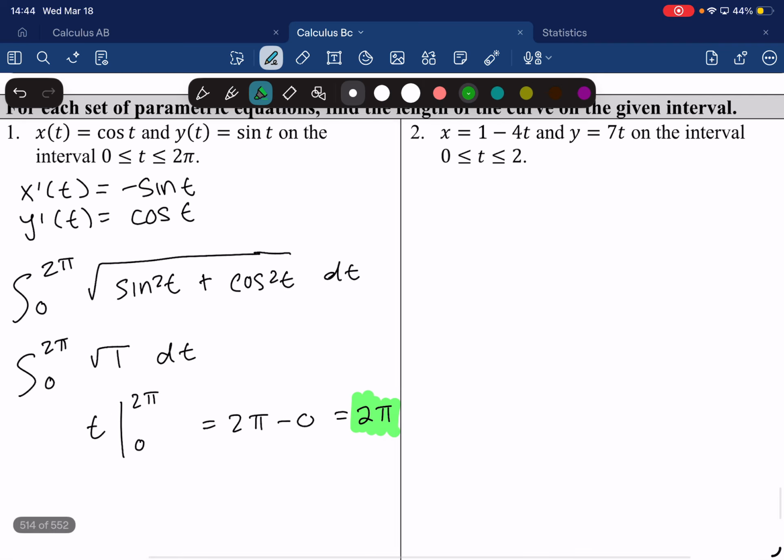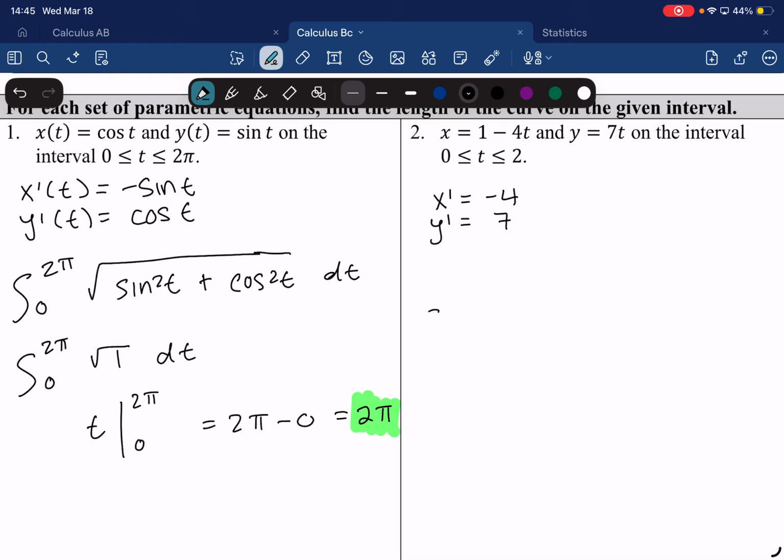Number 2, we have x is equal to 1 minus 4t and y is equal to 7t on the interval where t is between 0 and 2. First we find the derivative of x, and that would be negative 4. Then the derivative of y is 7.